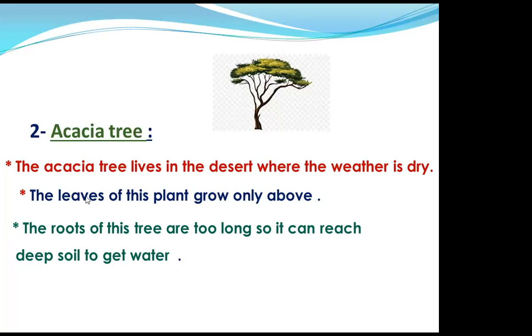The leaves of the plant grow only above the roots. The roots of the tree are too long, so it can reach deep soil to get water. Excellent Muhammad, thank you very much.